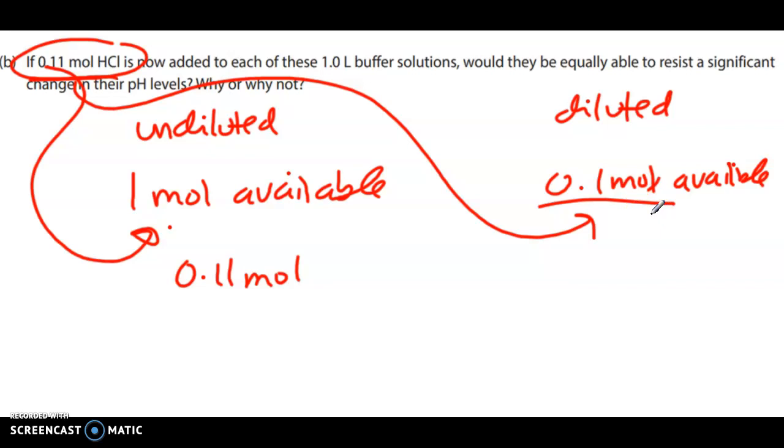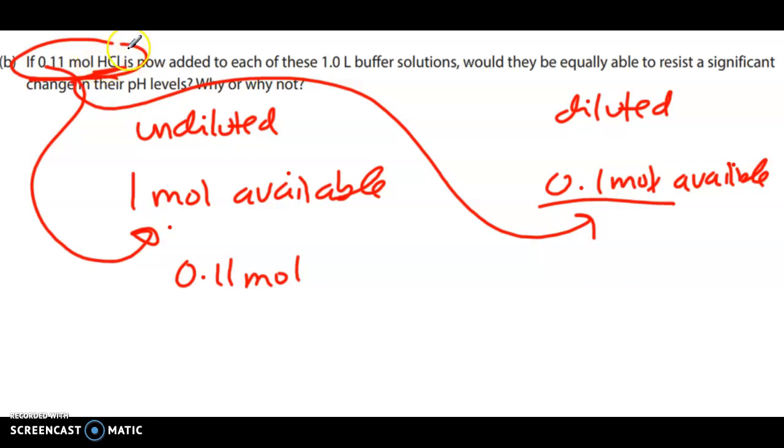So the pH is basically going to drop dramatically because you have a weak acid equilibrium and you're adding in a strong acid, and you're actually adding in double the amount of moles. So it's going to go from 0.1 to having 0.21.